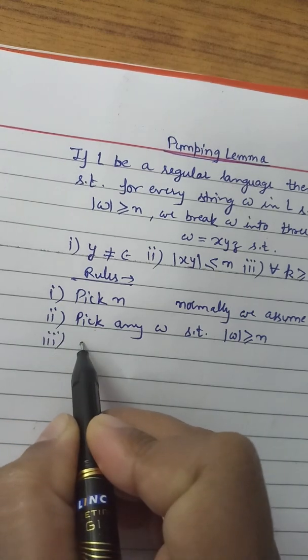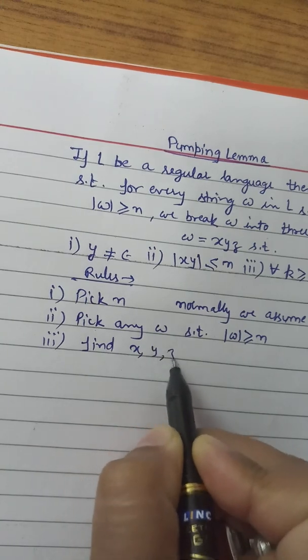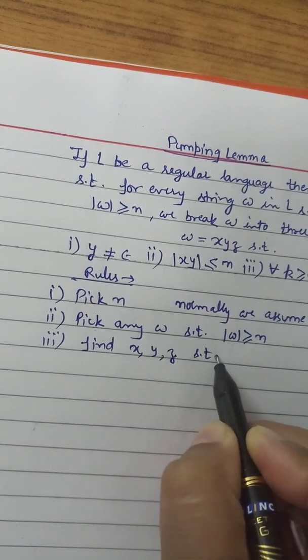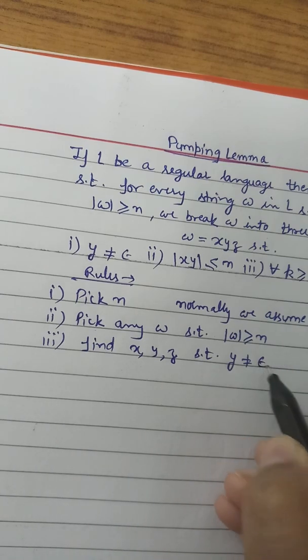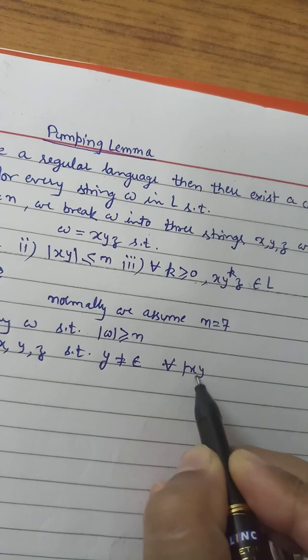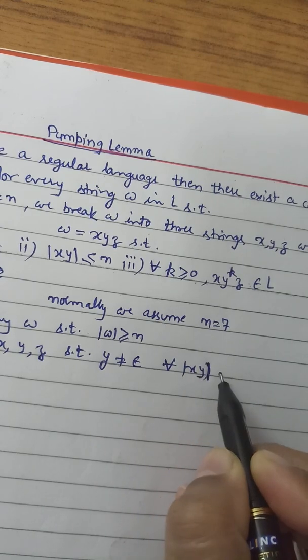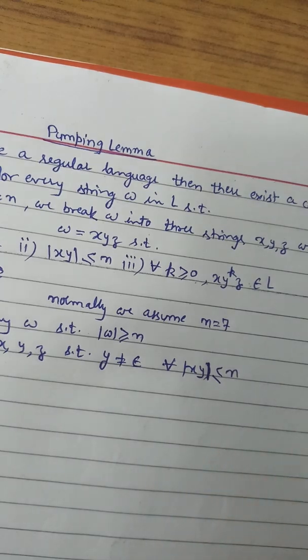And the third one is find x, y, z such that y is not equal to epsilon, and the length of xy is always less than or equal to n.